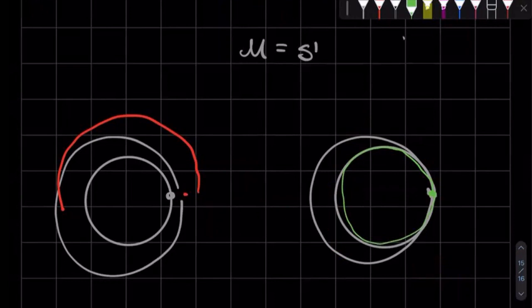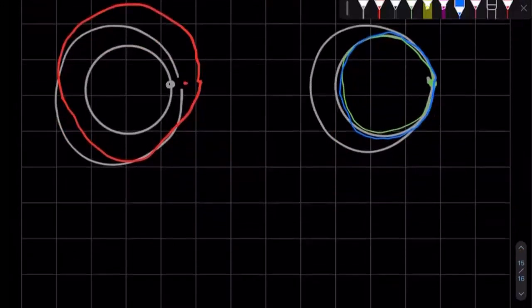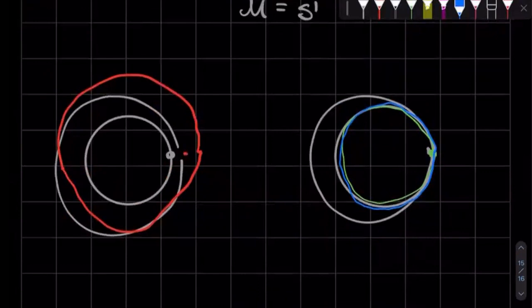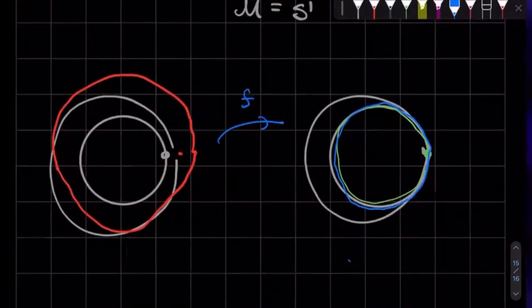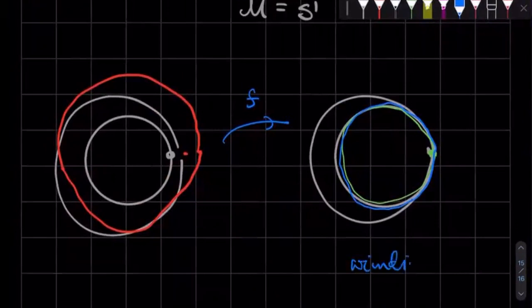And then as you move from pi to 2 pi on the original circle, you move again and come back to the same point. So for the circle, this is a map which winds around the circle twice. We say that the winding number of this map is 2.